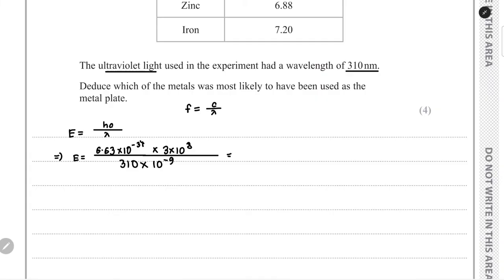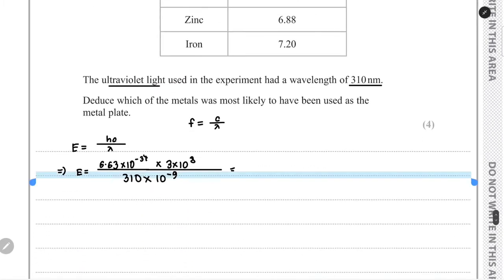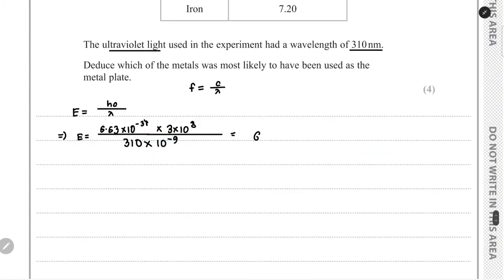So the energy of the photons are 6.41 or 6.42 into 10 to the power -19 joules. If I use one decimal more, we get 6.416 into 10 to the power -19.